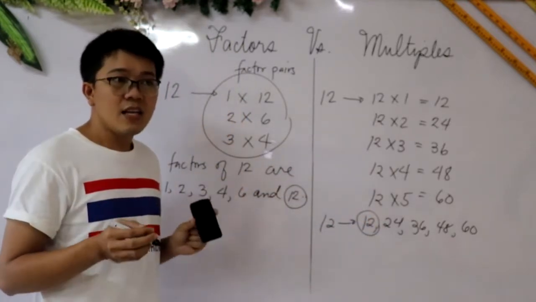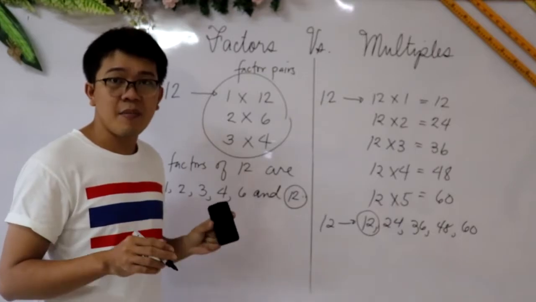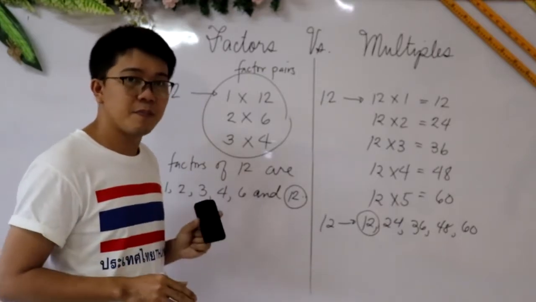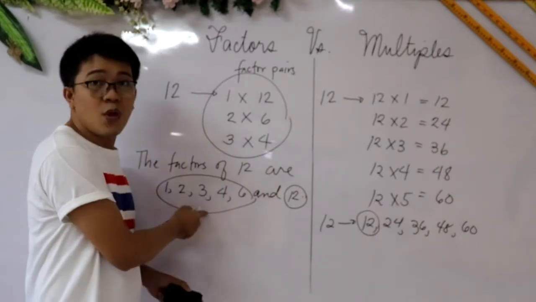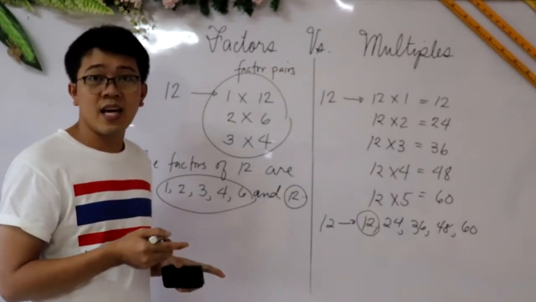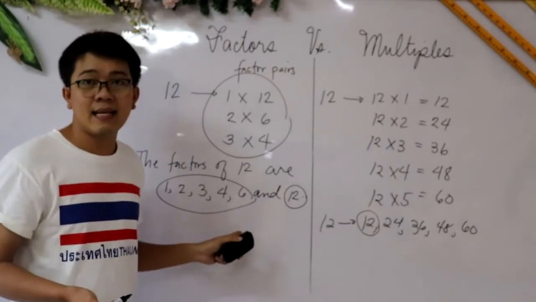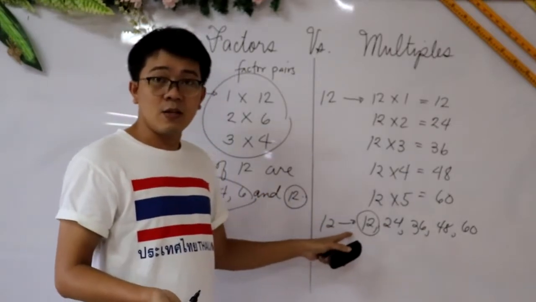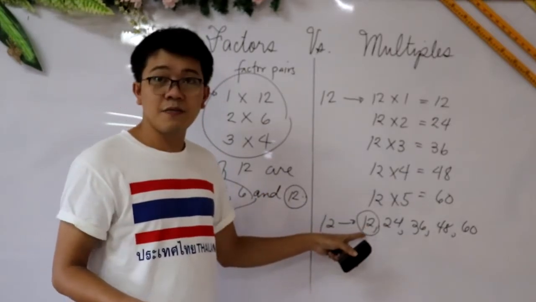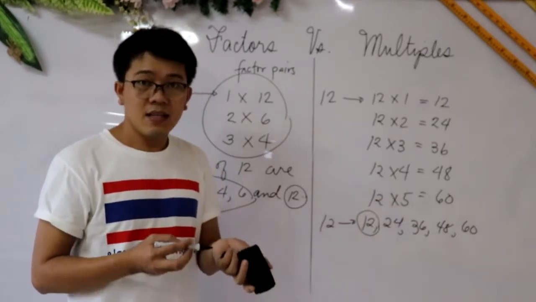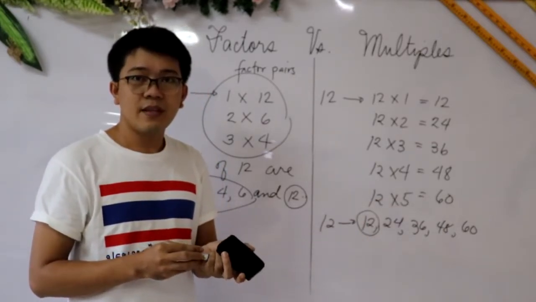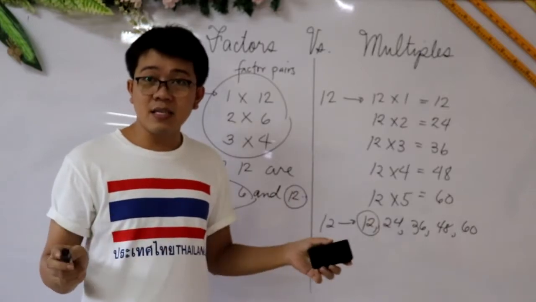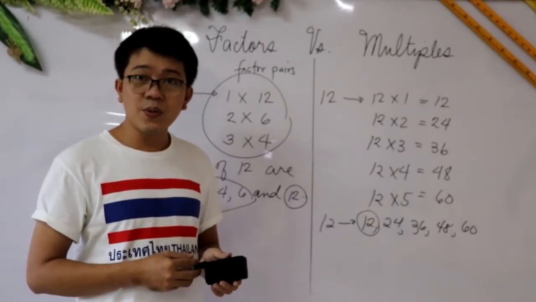We say that 12 is a factor and at the same time a multiple of 12. All the factors of 12 other than itself are less than 12. But the multiples, other than 12, are greater than the number. So did you see the similarities and the difference between the two?